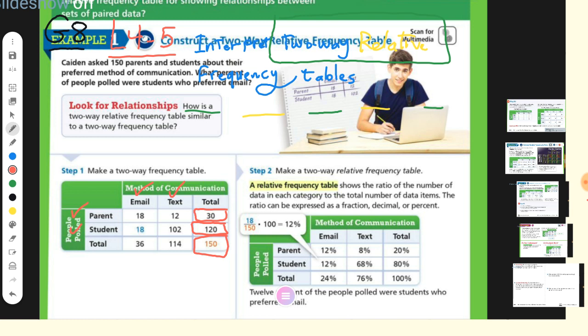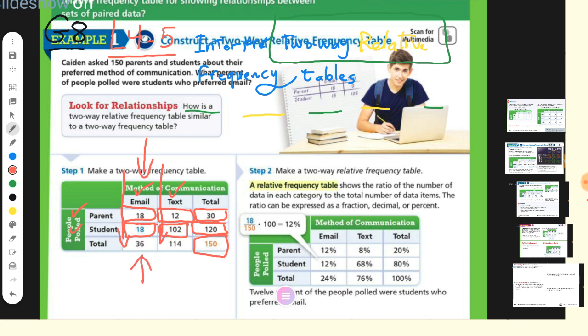So I ask parents: 18 say we like emails, and the rest, which is 12, like text messages. About the students, 18 of them like emails, but 102 of them like text messages. As I told you before, we can make the total of the column. What is the meaning of this total?